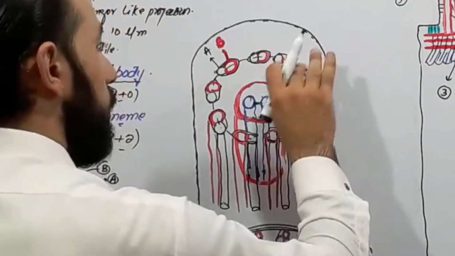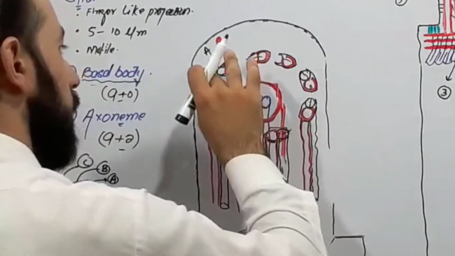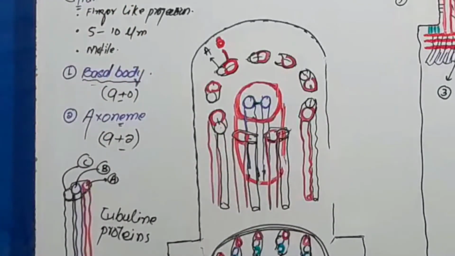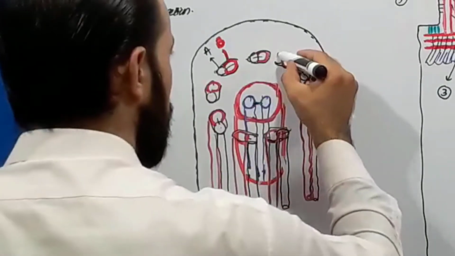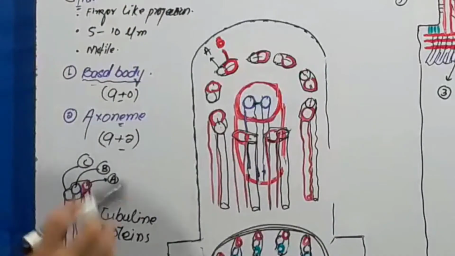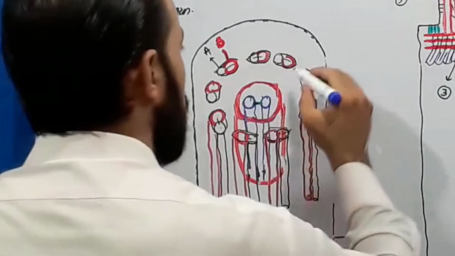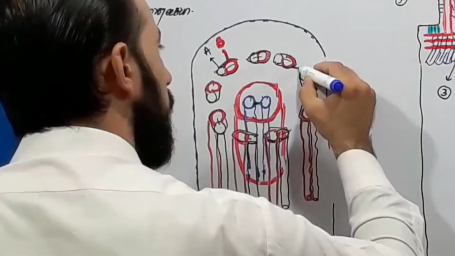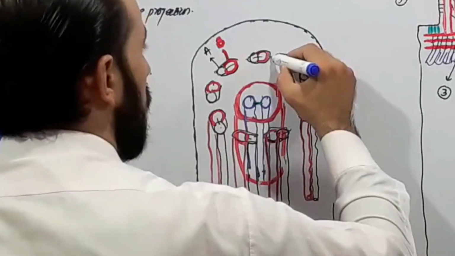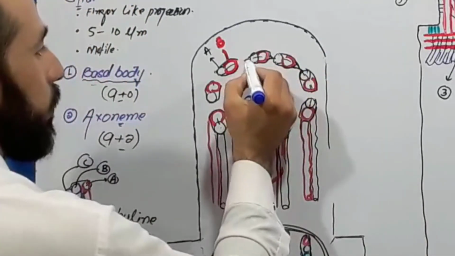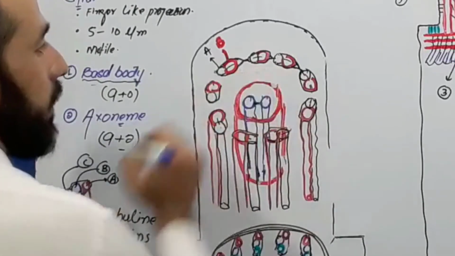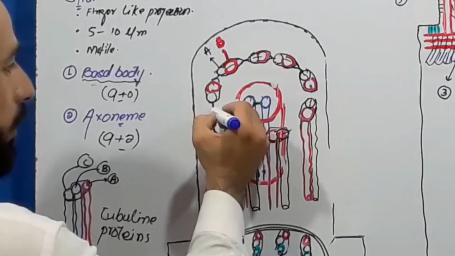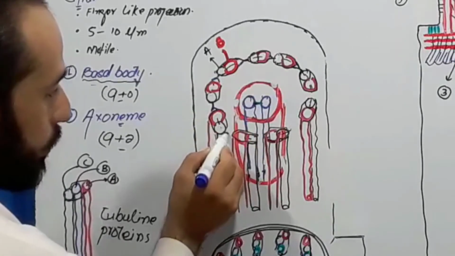Then very importantly, look carefully, I will remove this black color there. Look, from these doublets, listen to me my friends, from the A component there are certain proteins which arise and connect with the B component like this. Please remember, from the A component proteins arise and they connect to the B component, and they hold them very firmly together.